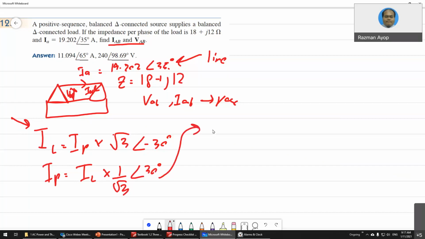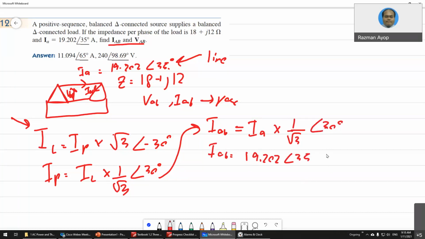So IAB equals IA multiplied by 1 over square root 3 angle 30 degrees. IAB equals 19.202 angle 35 multiplied by 1 over square root 3, angle 30 degrees.